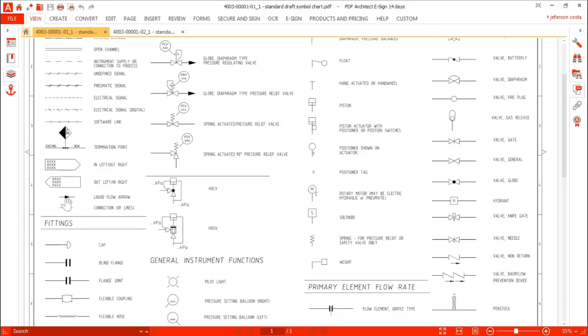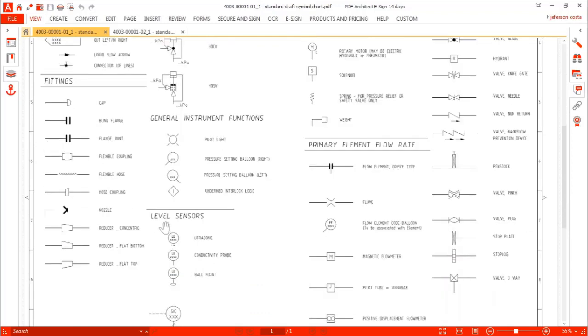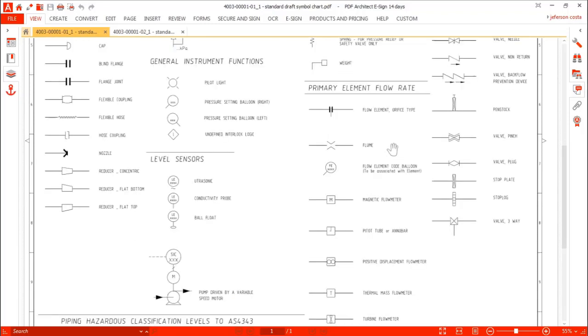In this case here we have liquid flow arrows and fittings and level sensors, general instrumentation function, and what kind of primary element flow rate.